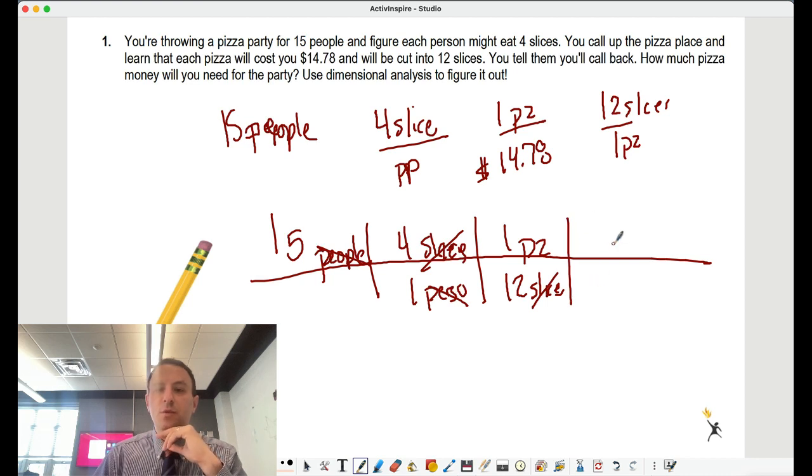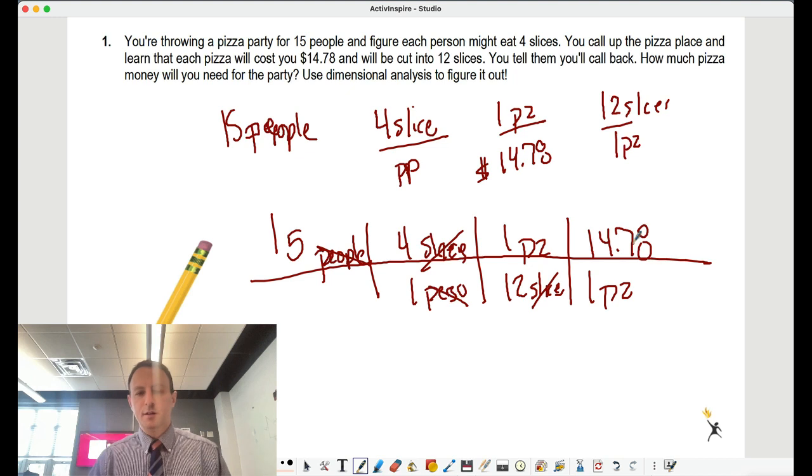Finally, coming out here, this last one, I'm saying, okay, so 1 pizza is $14.78. Again, fancy calculator, that's why we have it. It would end up being 60 times $14.78. Sorry, I typed it wrong in my calculator. Times 14.78 divided by 12.